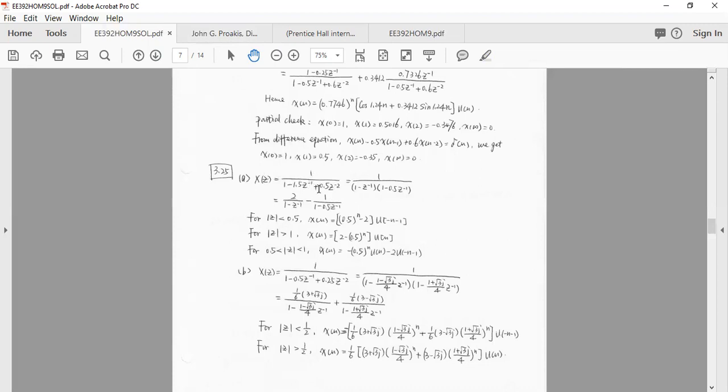In that particular case, we can decompose this denominator as 1 minus z to the power of -1 into 1 minus 0.5 z to the power of -1, right over here.